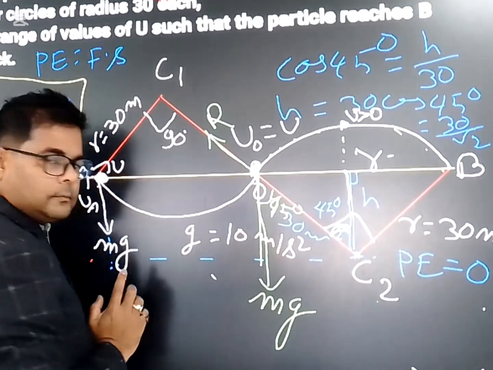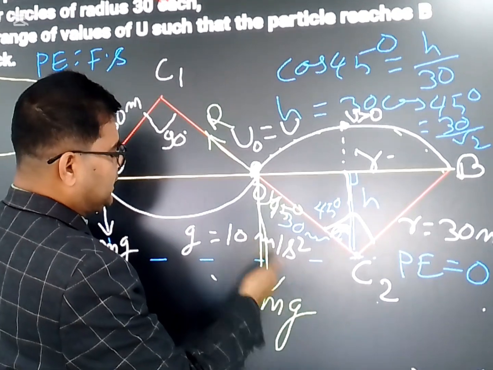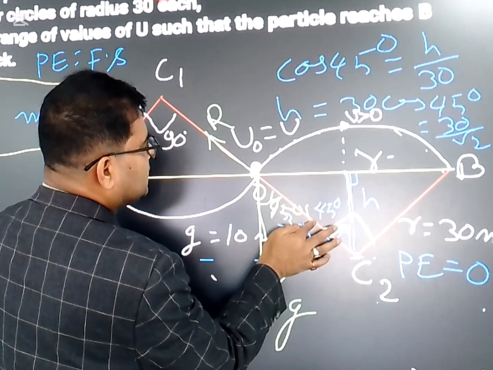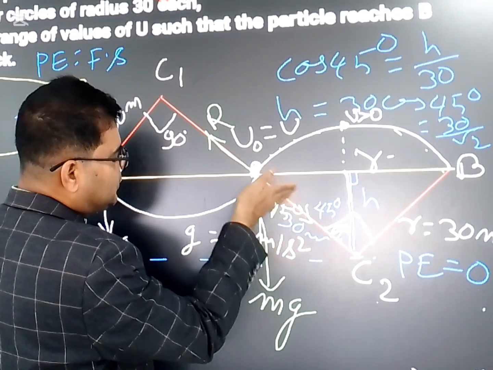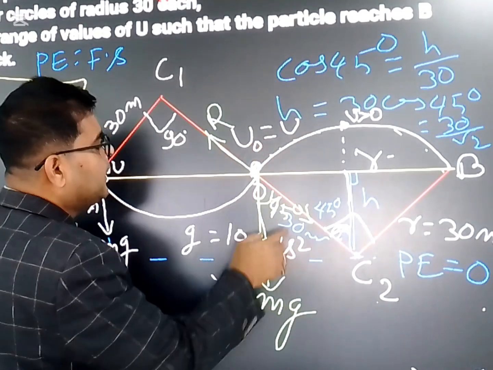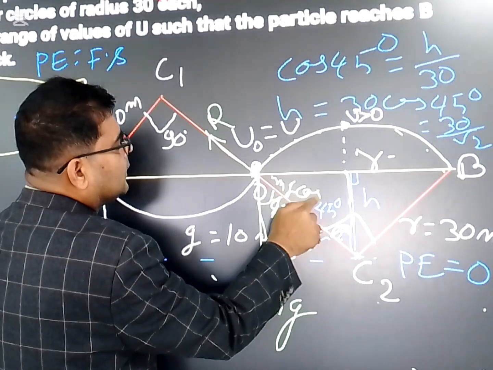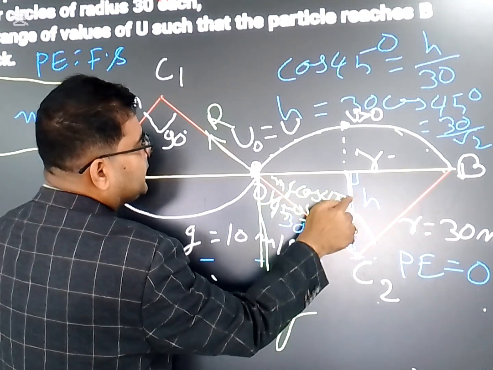Okay? Got it? Now when you talk about the components of mg, this is mg, this is 45 degrees, so the horizontal component for mg, not for all, but for mg, is mg cos 45 degrees.